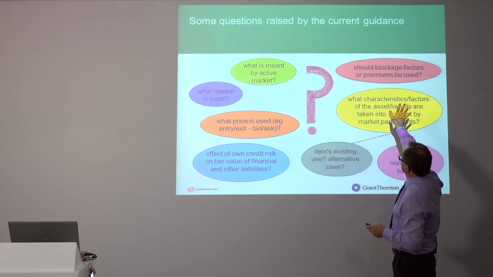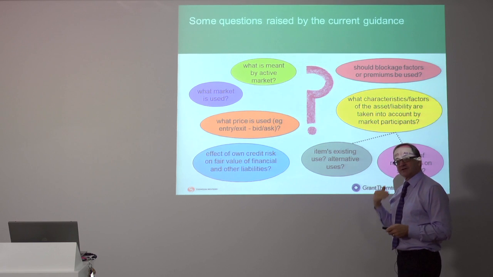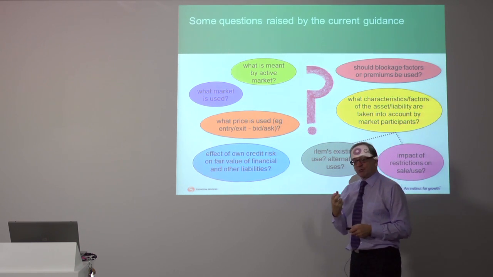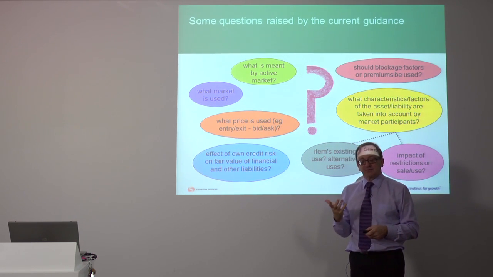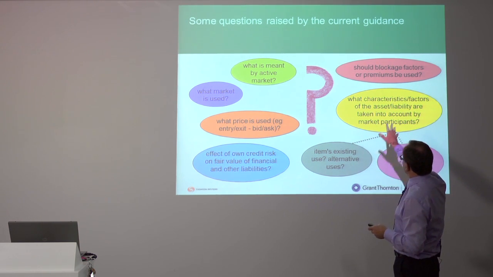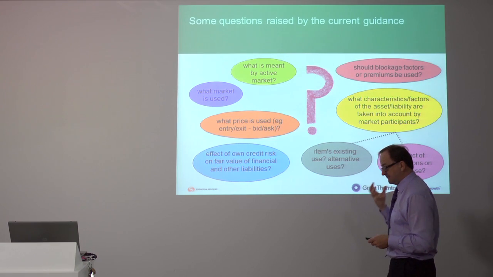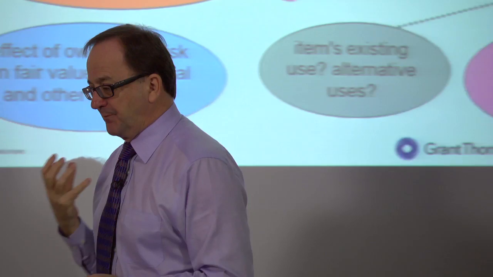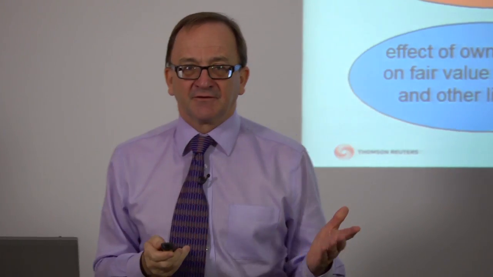Or should fair value take into account that I've got a controlling interest or a blocking ownership? That would mean that if I was to take it to market, I would get a premium, etc. And what are the characteristics of that market participant from whom that perspective of fair value is coming?